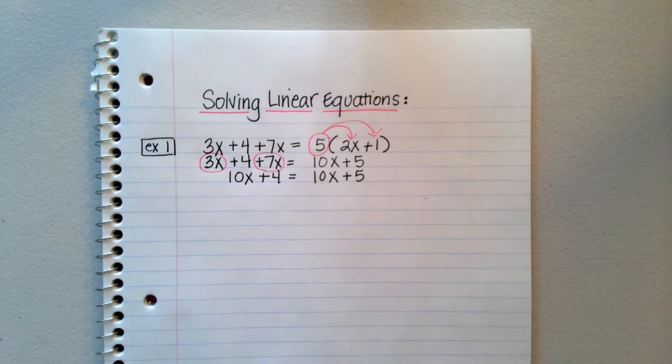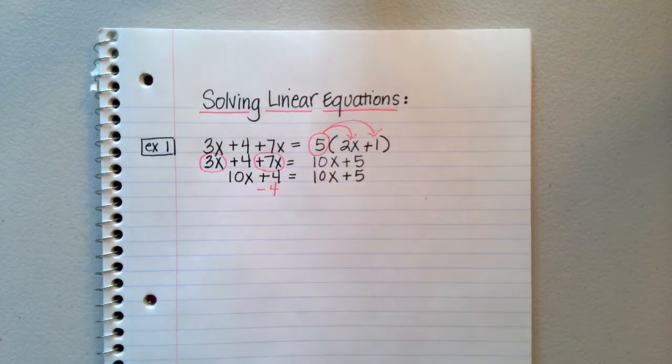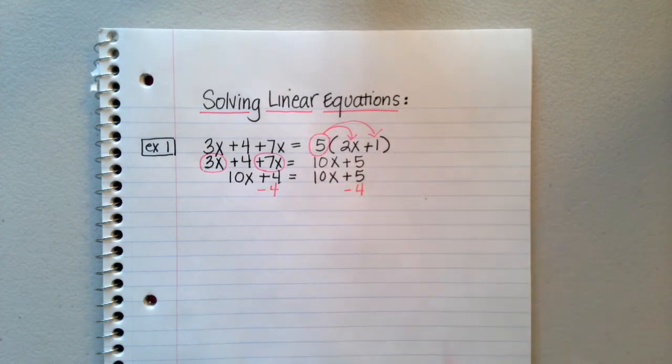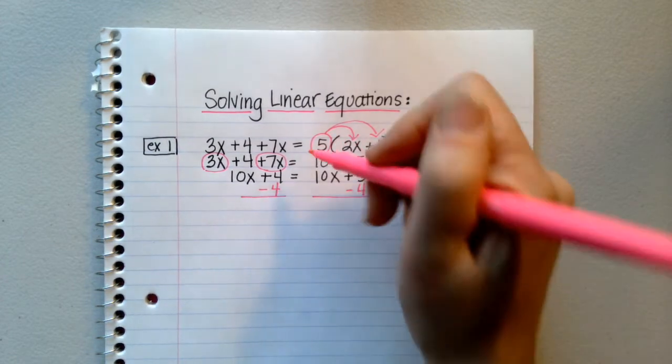Now to solve the problem, I'm still combining like terms by getting terms with variables on one side and terms without variables on the other side. So I'm going to subtract my 4. I'm always working with addition and subtraction first when I'm undoing a problem, which means I need to subtract it off of a like term on the other side. I don't want to subtract it off of that 10x because what I'm subtracting doesn't have an x on it.